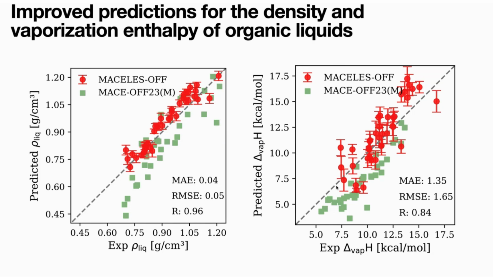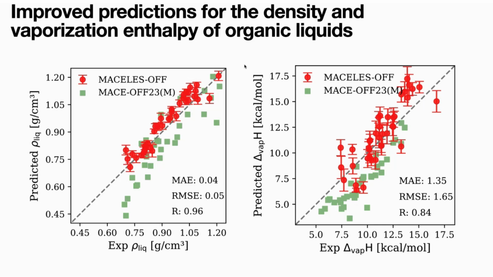Now, MACE-OFF 23 is really a very impressive model. But one thing they didn't do particularly well is the prediction of the density and vaporization enthalpy of bulk organic liquids. This is quite understandable because this is actually a huge extrapolation task.